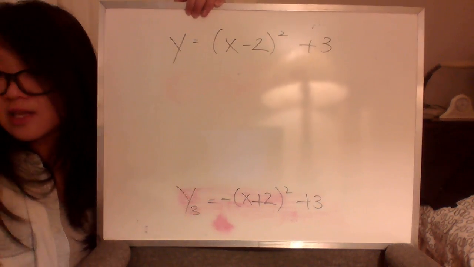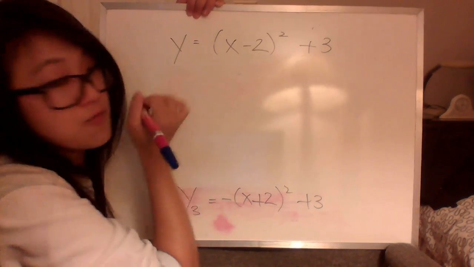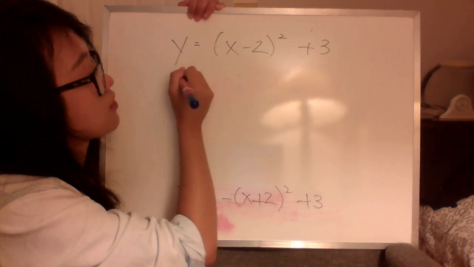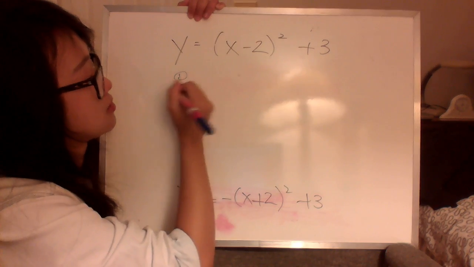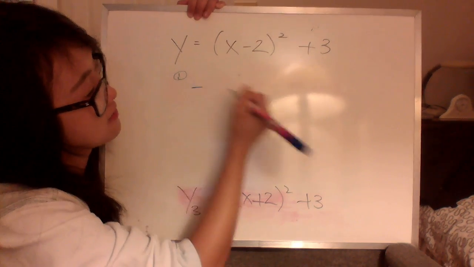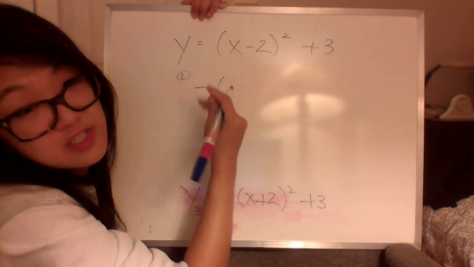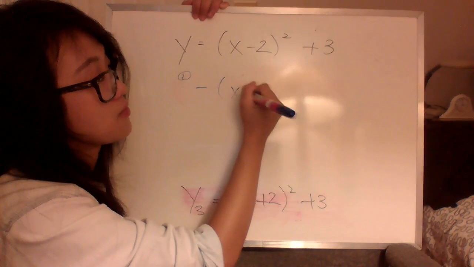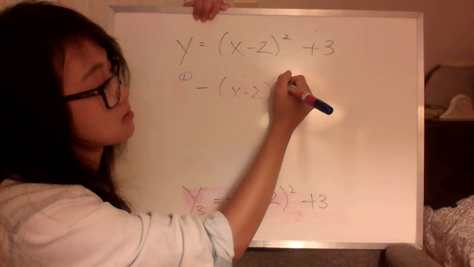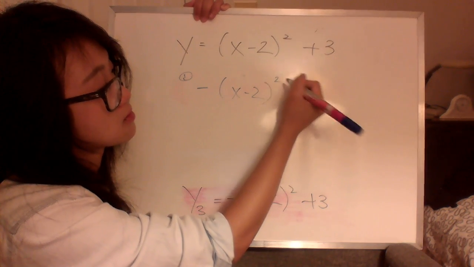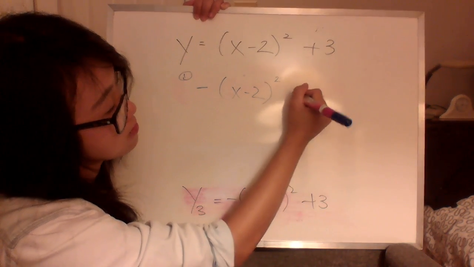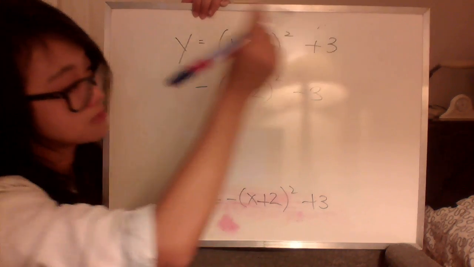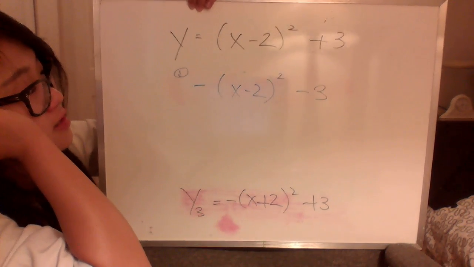So let's do that. Let's use blue for our process. Reflect it first. Number 1 step, reflection. So we're going to do negative. And then I'm going to skip the step that actually foiled in. But you would end up with this. Right?